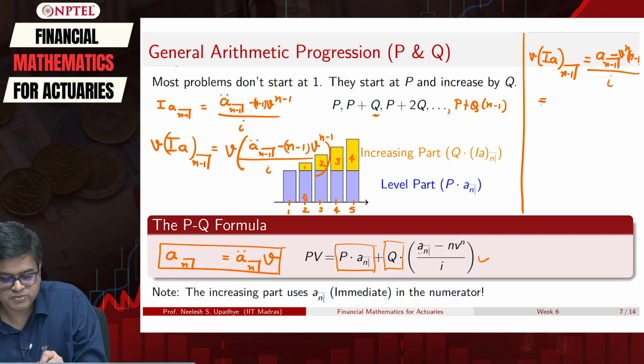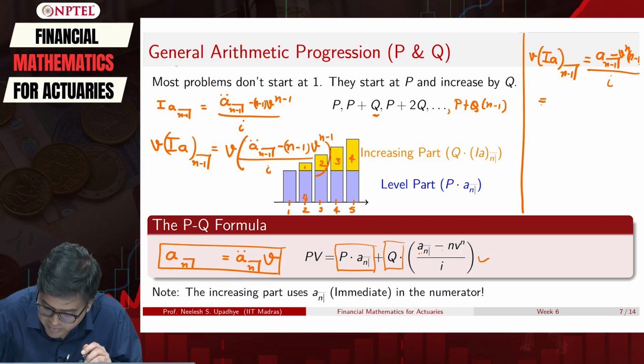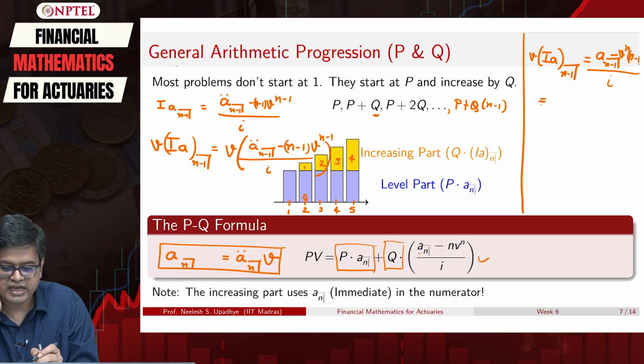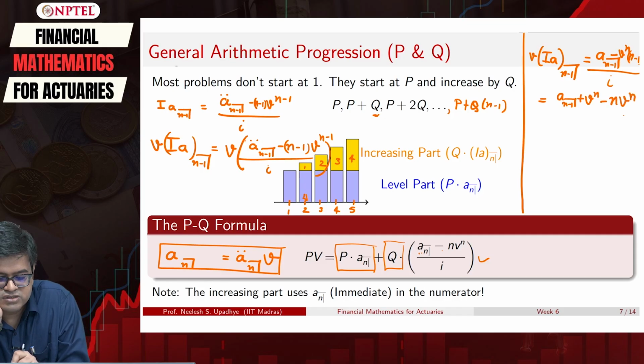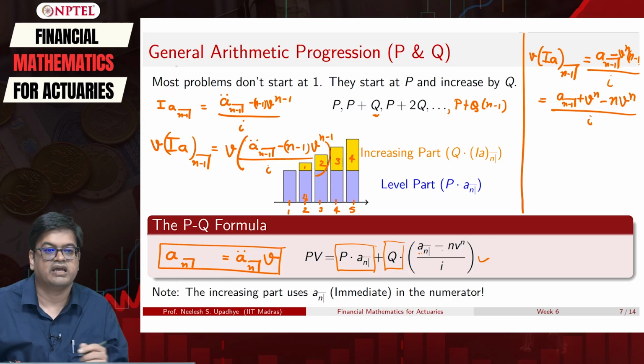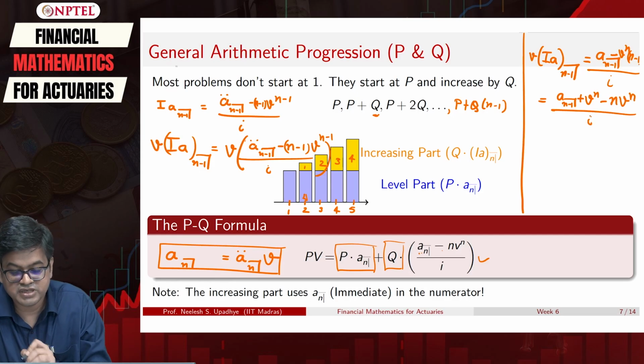Now, I will have some more space, so I can do it properly. So, this is a n minus 1, v raised to n minus 1. So, you simply take this a angle n minus 1 plus v raised to n minus n v raised to n, upon i. Now, what is this a angle n minus 1 plus v raised to n?